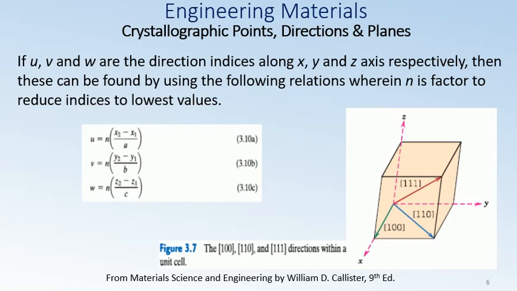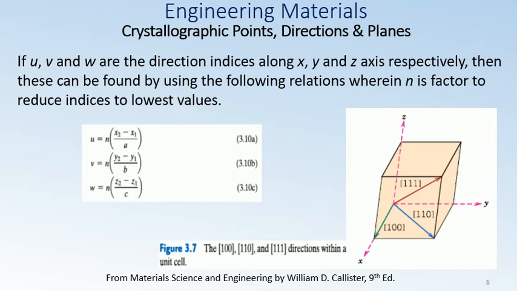This n could be any number that is able to reduce these coordinates into lowest integers, which you will of course select as per the denominator of the coordinates.